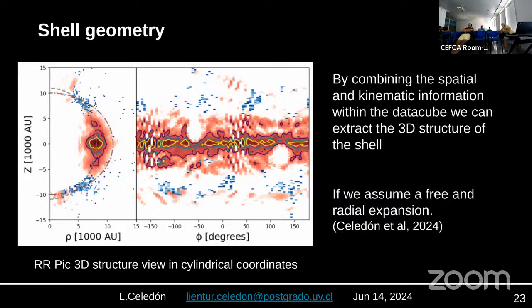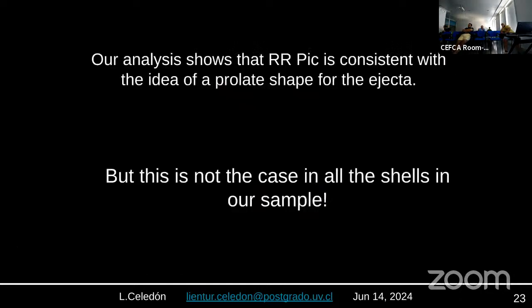Again, it could be because of density. So this first work we did with RP Pic shows that the ejecta is consistent with what we know and expect about novae, and also shows the capabilities we have with MUSE for observing these systems.